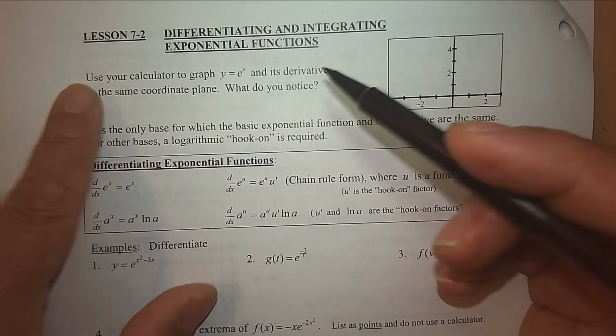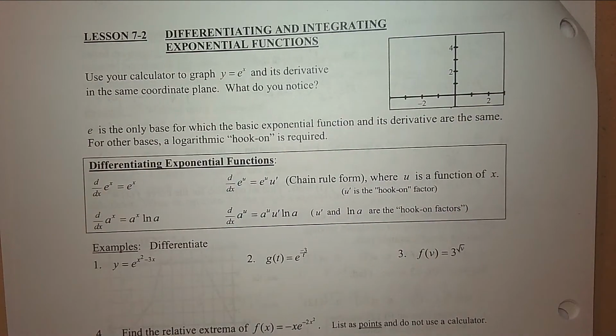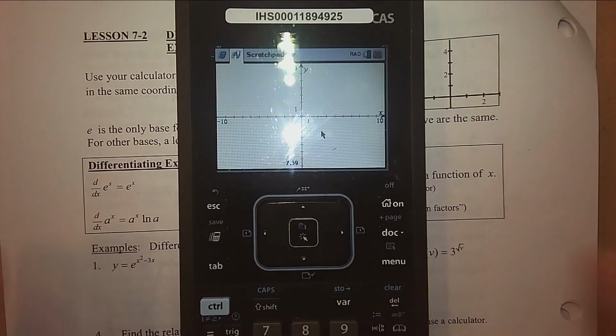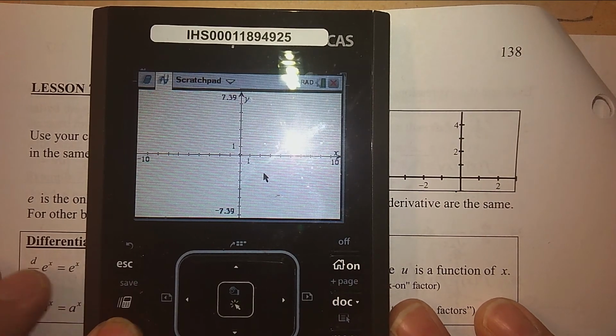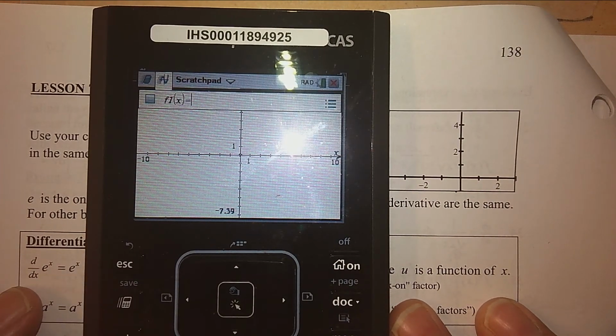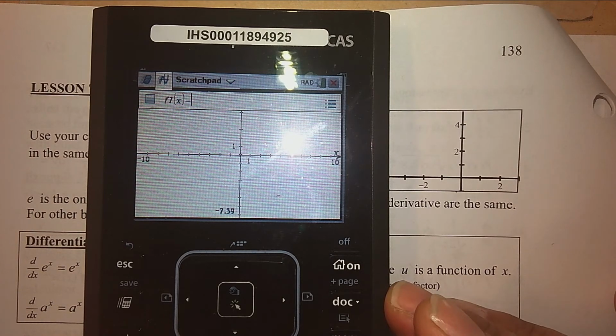So use your calculator to graph y equals e to the x. Go for it. Do you know where the E button is?